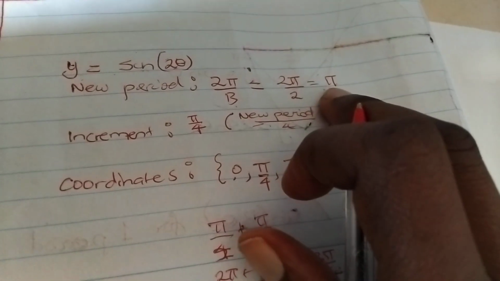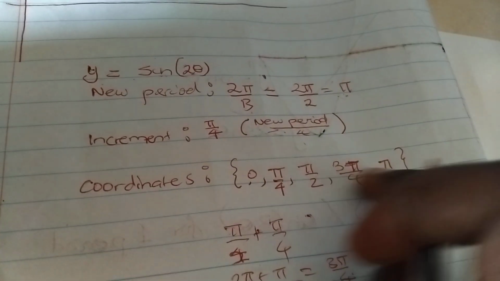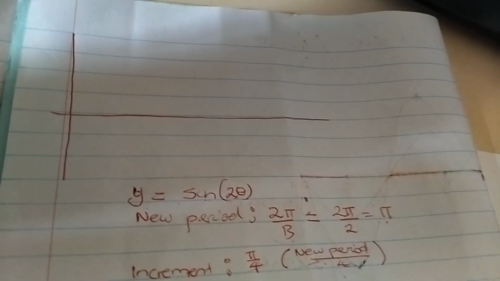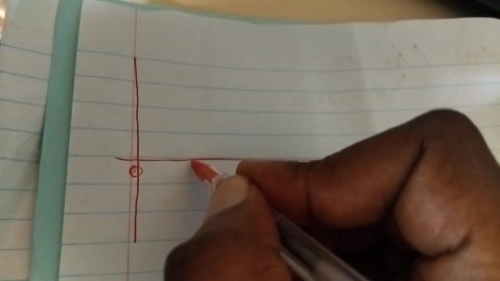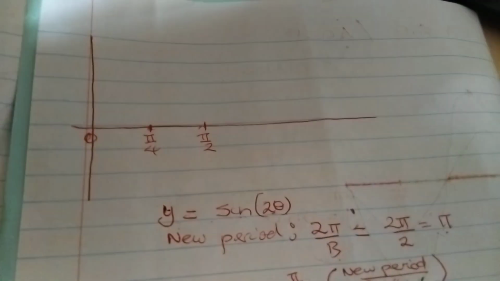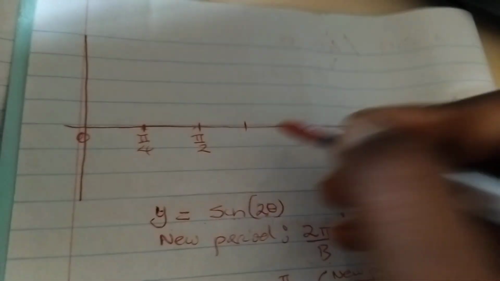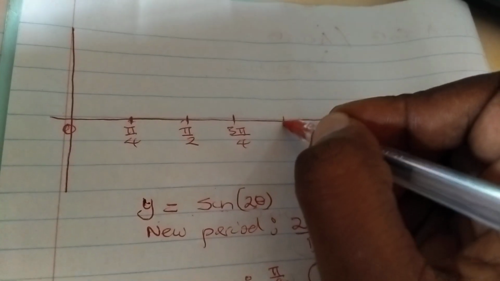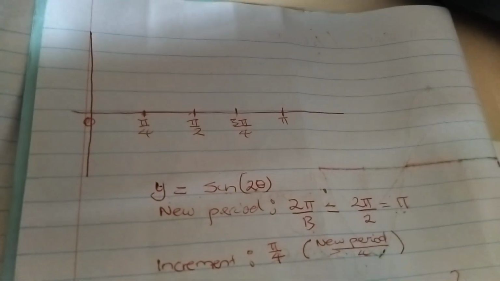Remember that this is our new period. Usually here we're going to use these coordinates to draw our sine 2 theta, right? Usually it would be 0, and then pi over 4, and then pi over 2, and 3 pi over 4, and lastly at pi we should have a complete wave.